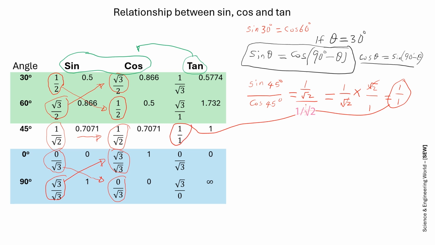So in this case, we can then say that tan 45 equals sine 45 divided by cos 45.